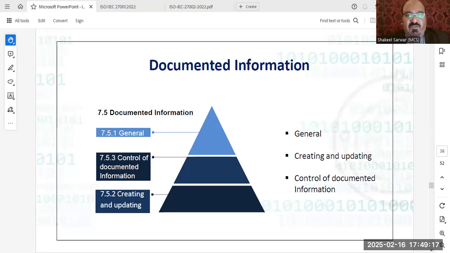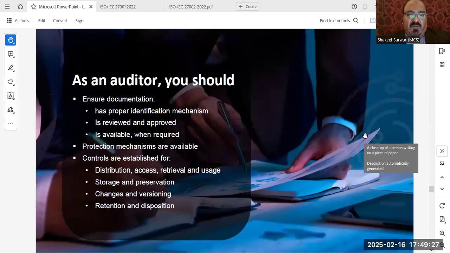Documented information and its control are now subdivided into three main clauses: general, creating and updating, and control of documented information. As an auditor, you should ensure that documentation has a proper identification mechanism. Documentation should be uniquely identifiable, typically through numbering systems, version codes, or titles.